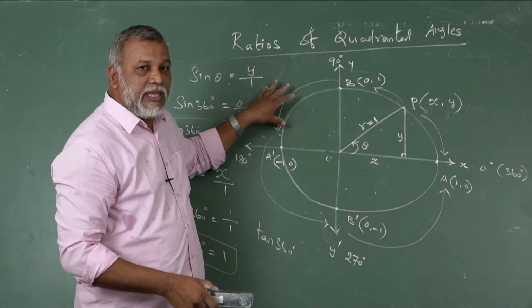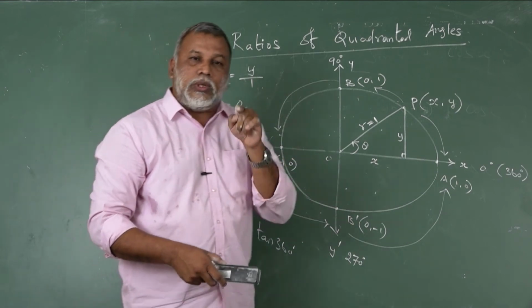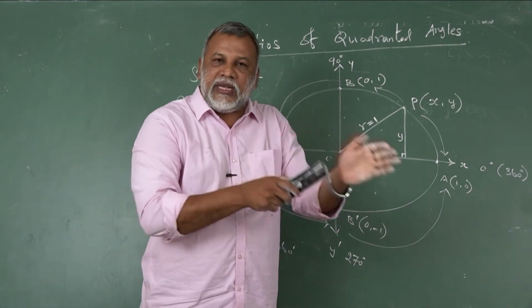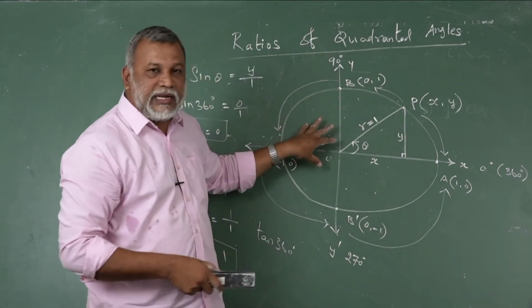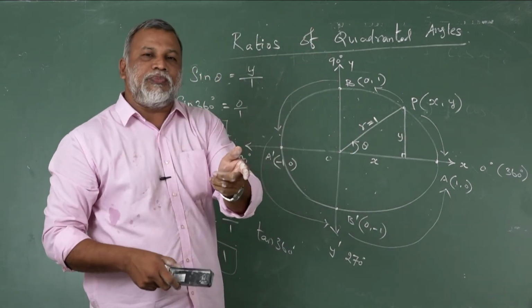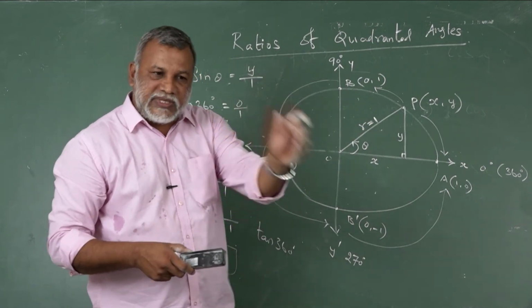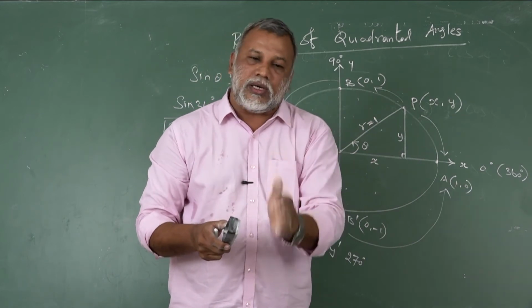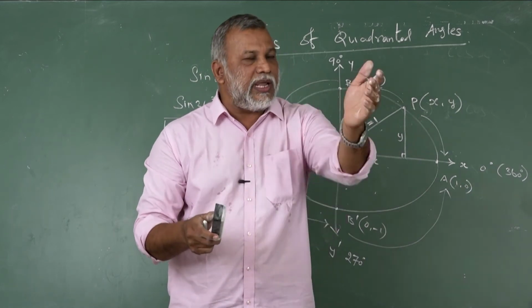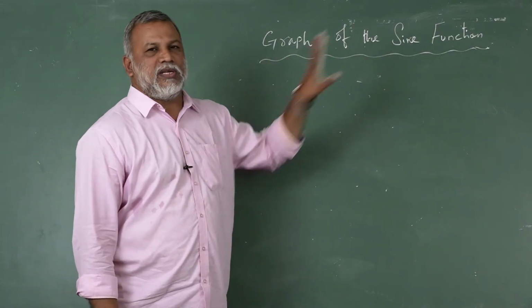This is one of the important. After completing this one, we are going to draw graph of sin and graph of cos. With the help of these data only we are able to draw graph of sin and graph of cos. These two curves, sin graph and cos graph, are very useful in your higher studies. Now listen students, graph of sin function.